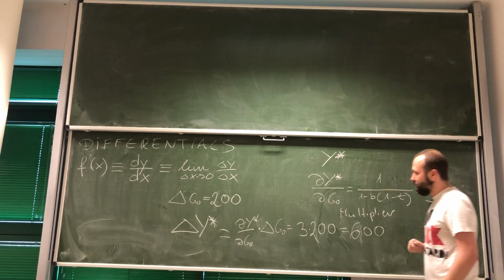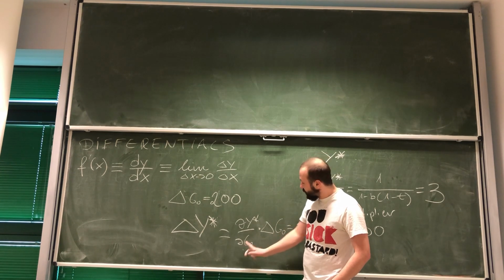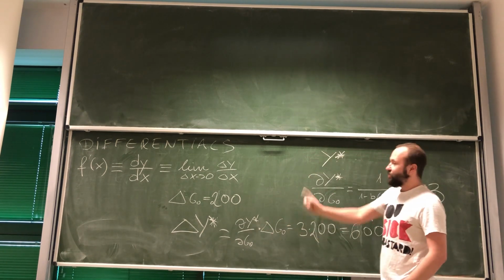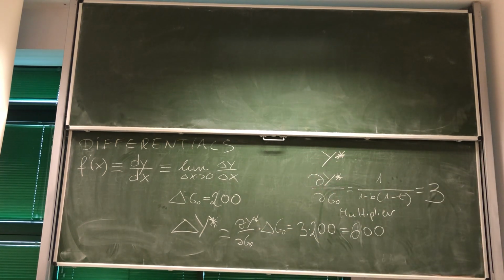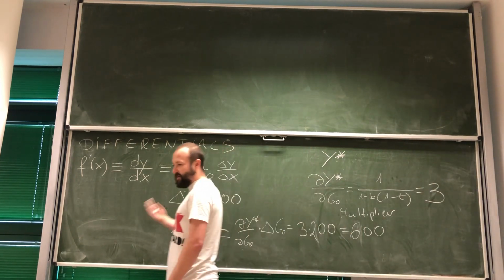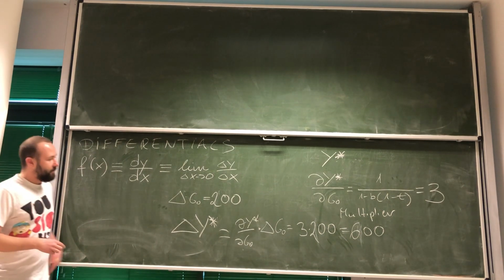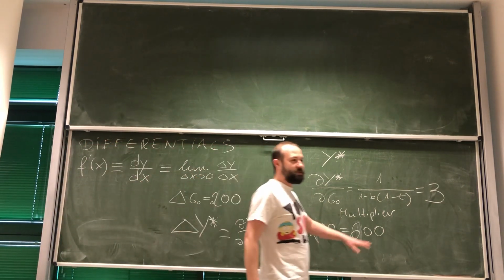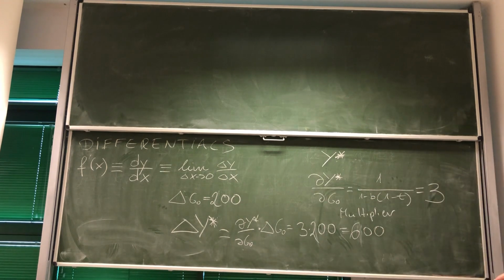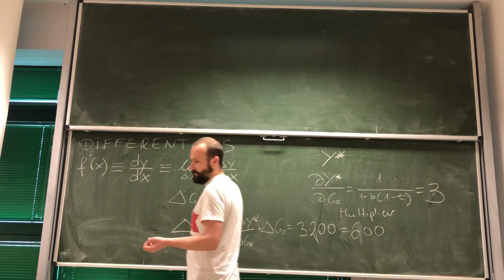All I need to do is to multiply the multiplier by the change in one of the autonomous values, so government spending, autonomous investment, or autonomous consumption, and I'm getting this result. As with everything in mathematics, this is not a coincidence.